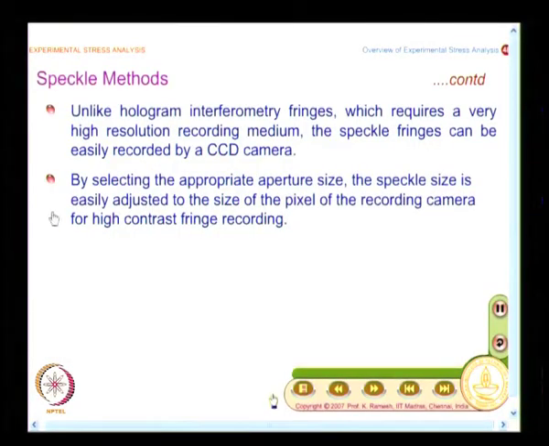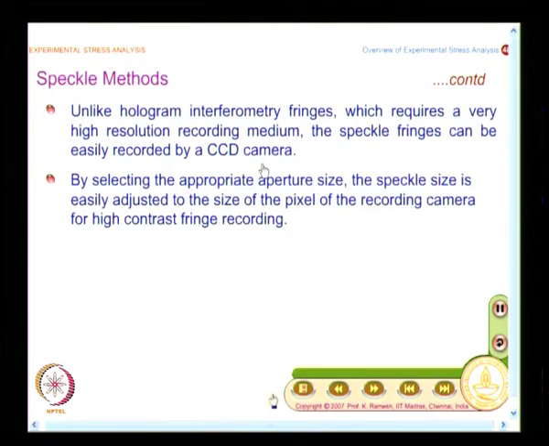Now, what we will do is we will see what are the speckle methods that we can think of, and what are its key features different from hologram interferometry. The first thing is, unlike hologram interferometry, which requires a very high resolution recording medium, the speckle fringes can be easily recorded by a CCD camera. It is a lot simpler, but here also you need a good camera.